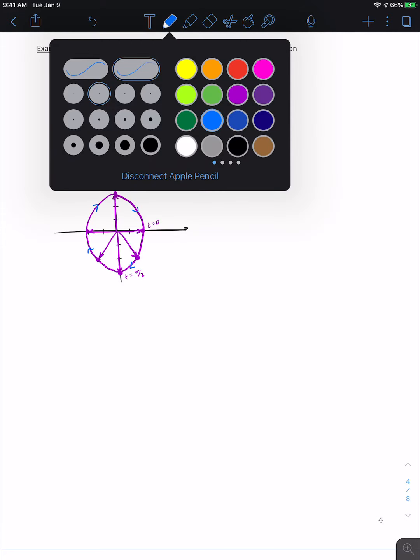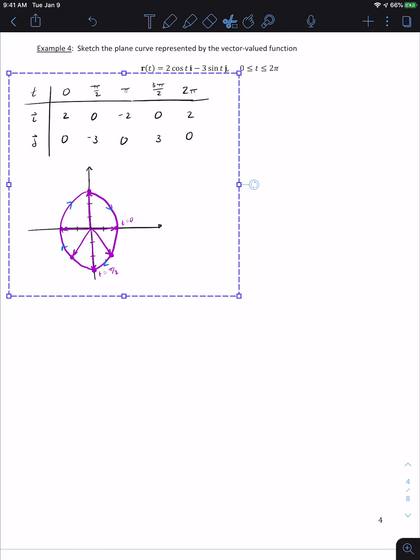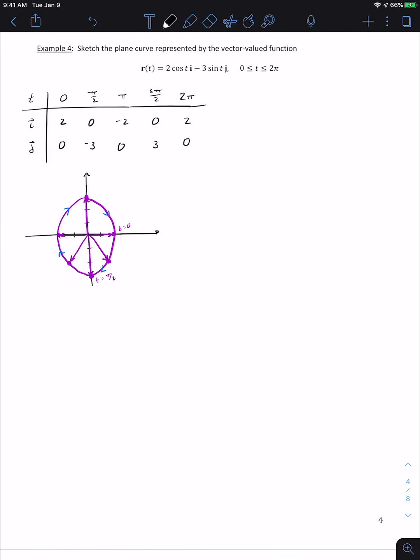If I had instead thought of this as a set of parametric equations, then I would have gotten x equals the first one, which is 2 cosine of t, and y equals the second one, which is minus 3 sine of t. I would have just gotten a set of parametric equations for x and y points.